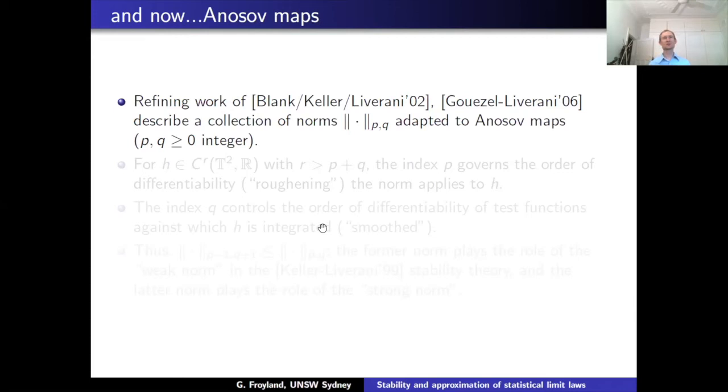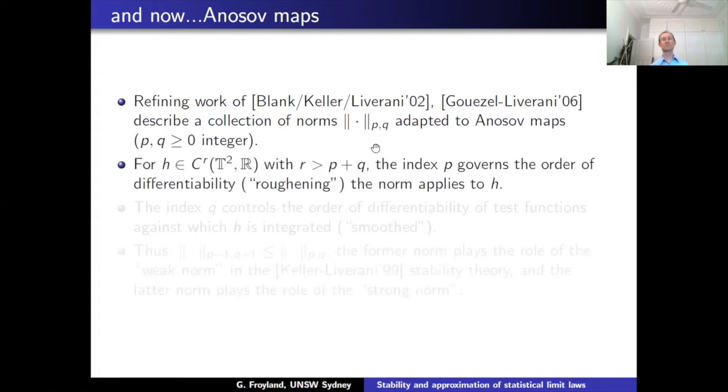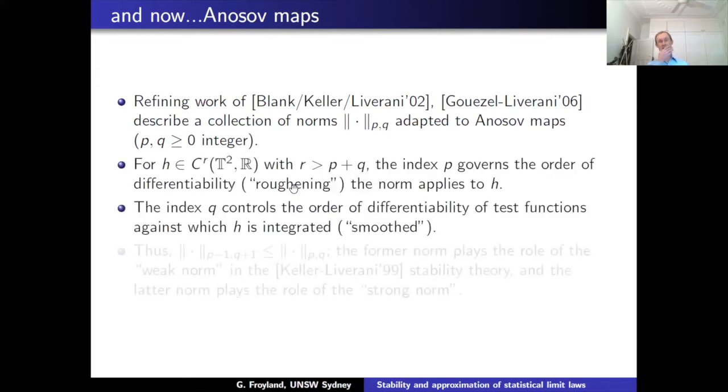So all the examples I showed you were for the 1D case. Let me say a little about the null-sort maps, which was our second paper. Here you need a different norm. You need an anisotropic norm because you want to treat the unstable and stable directions differently. So we're using what was developed in a follow-up paper on quasi-compactness to this initial paper. They have these PQ norms, P and Q integers.